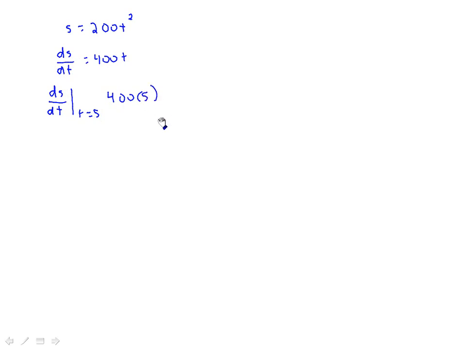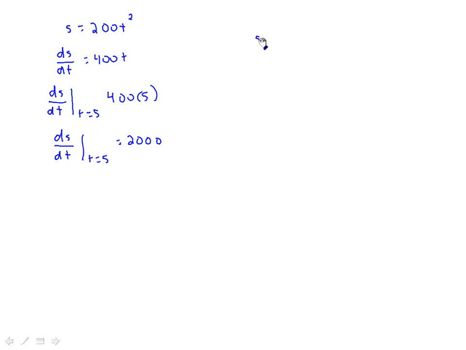And you substitute that in, and we're going to get ds dt at t is equal to 5 is equal to 2,000. And that would actually be meters per second if we wanted to consider that.